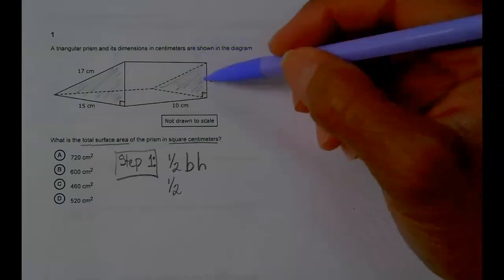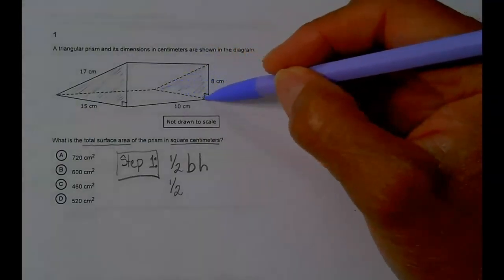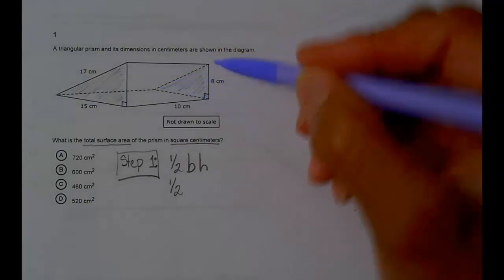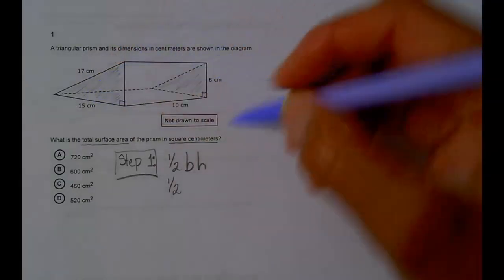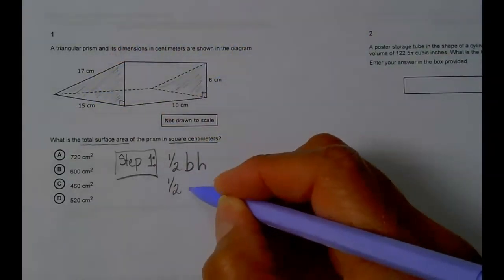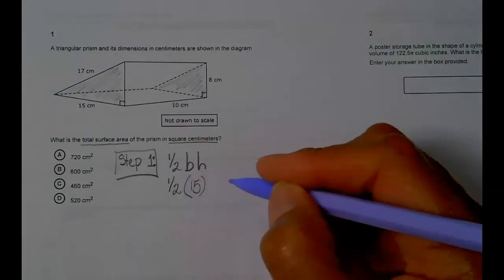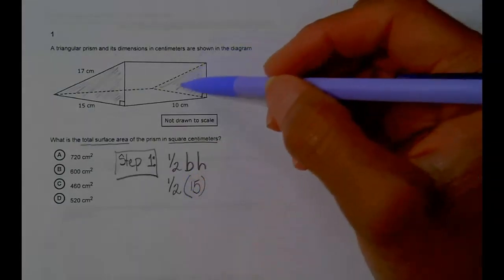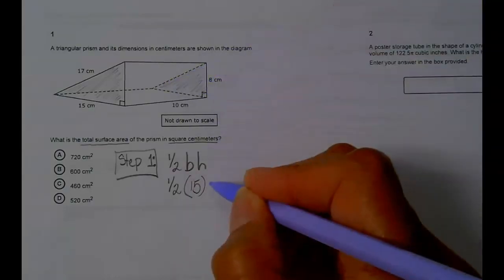1/2, and I'm going to identify the base. If I take this section off, I am going to have 15. If I pull that out, it's my base. And the height of it is going to be 8.